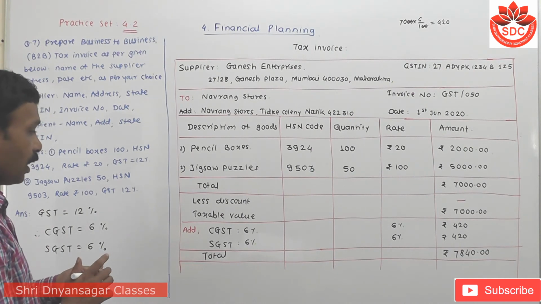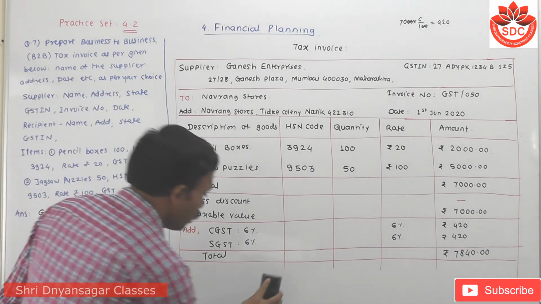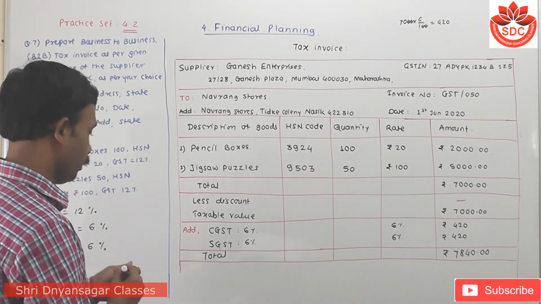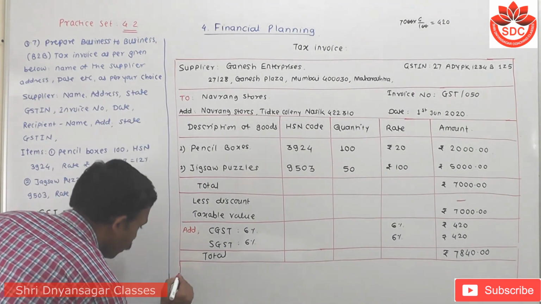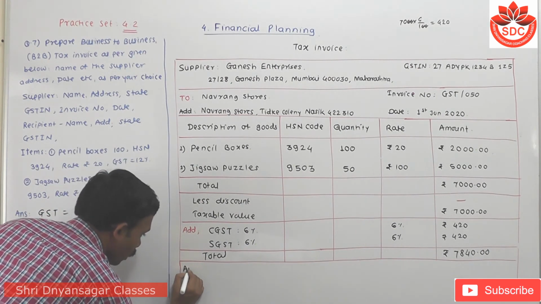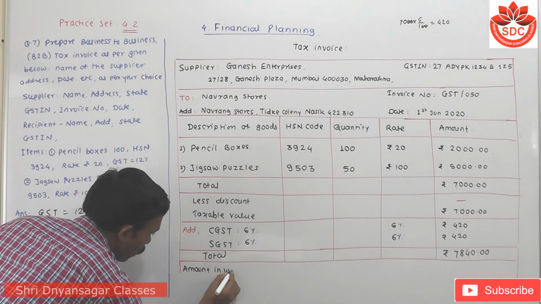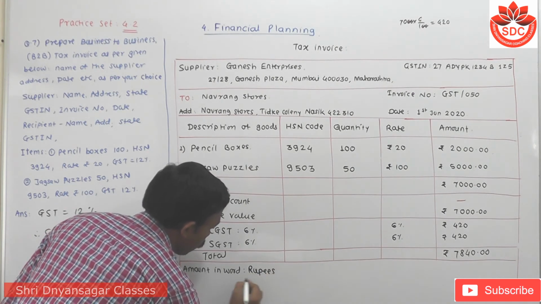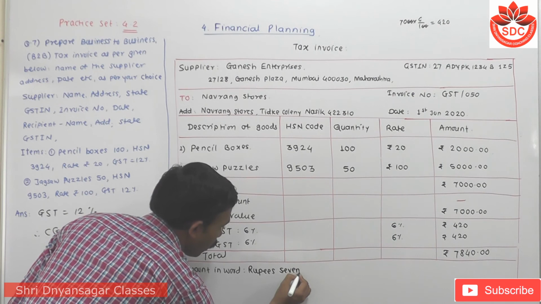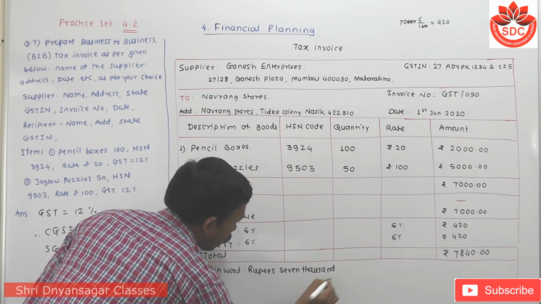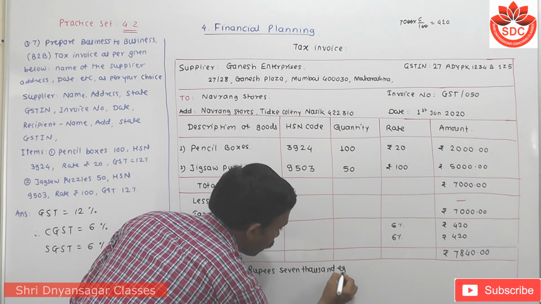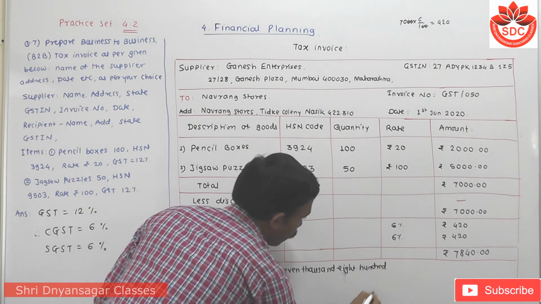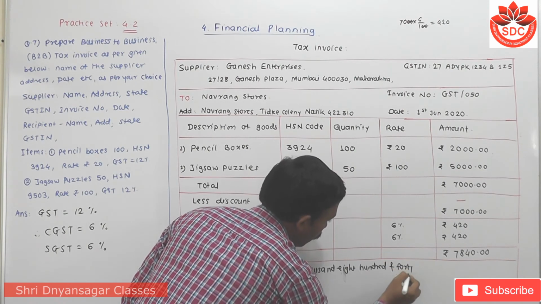Then student, you have to write this amount in words also, in this tax invoice. Amount in words. 7,840 only.